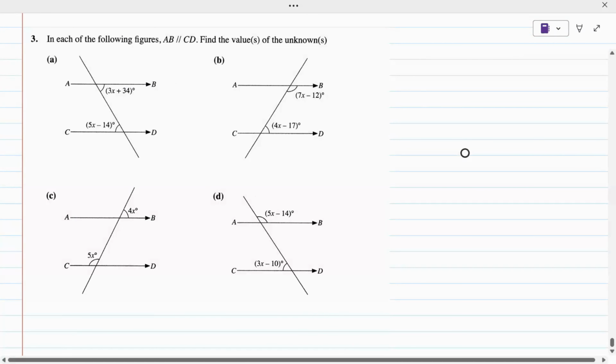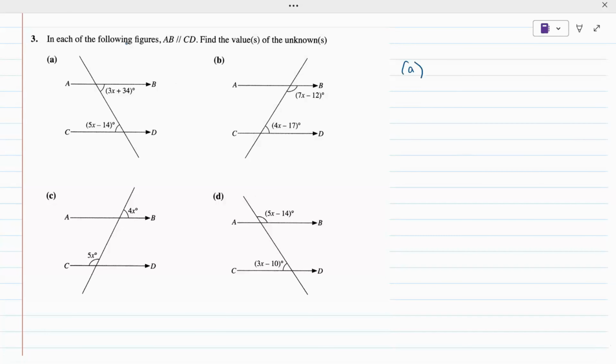So let's talk about this part A first. In case of part A, we can see the letter Z being used. Because of the letter Z, we can say that this angle 3x plus 34 should be the same as 5x minus 14. Using the property of alternate angles, we can easily equate the two angles to make up the equation.